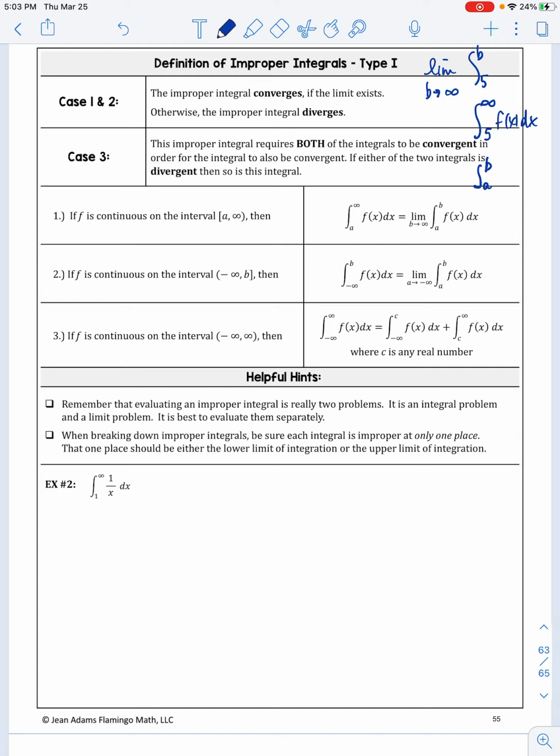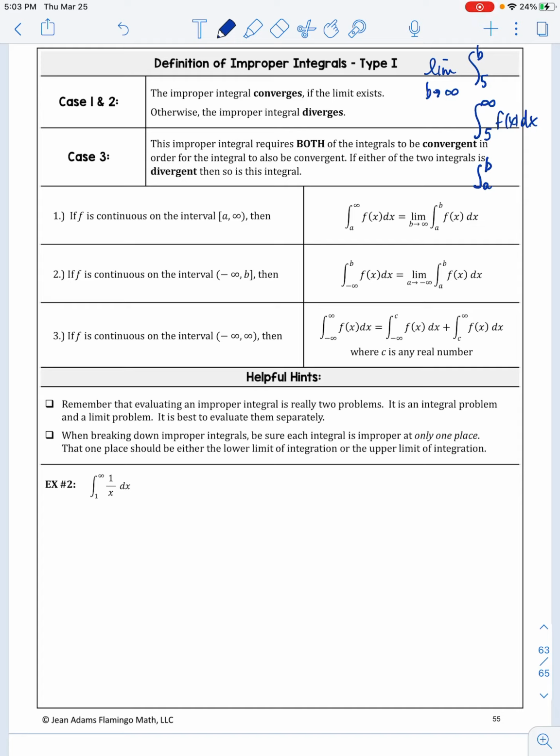So if f is continuous on the closed interval from a to infinity, then the integral from a to infinity of f of x dx equals the limit as b approaches infinity of the integral from a to b of f of x dx. Now, the second case is, what if a is negative infinity, and f is continuous on the interval negative infinity to b?